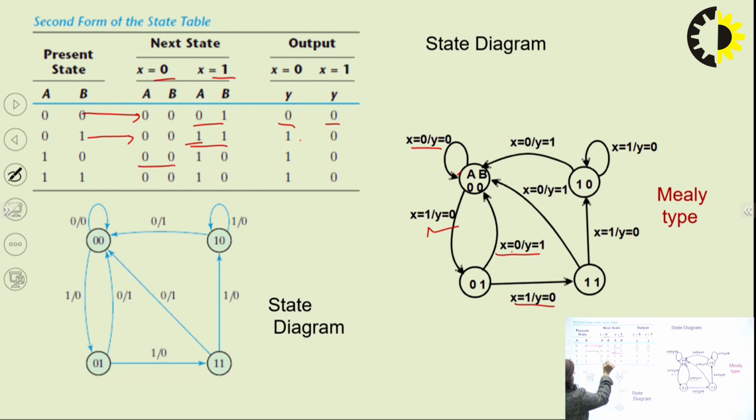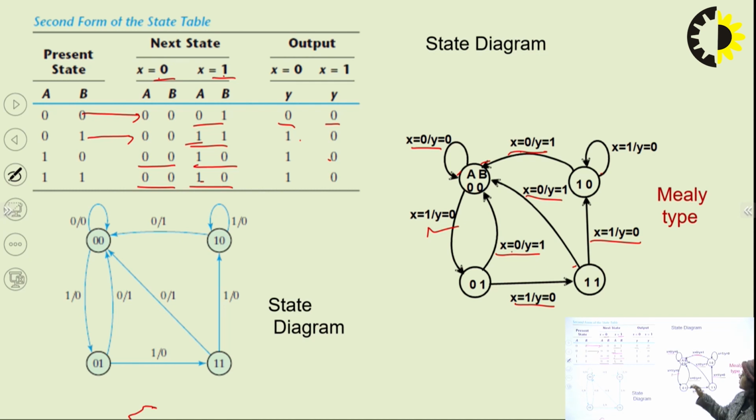For 1 0 to 0 0, input 0, output 1. From 1 0 to 1 0, input 1, output 0. From 1 1 to 0 0, input 0, output 1. And for 1 1 to 1 0, input 1 and output 0. So in this way we can draw the combined state diagram.